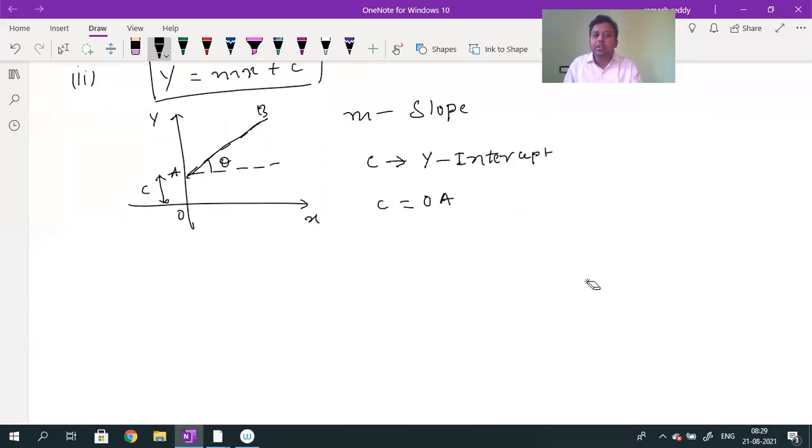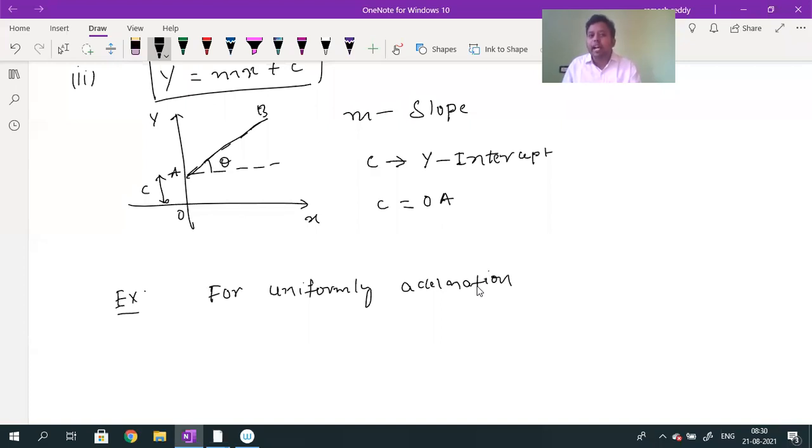Okay, I will give you one example for this graph. For example, consider uniformly accelerated motion. Now, my intention is that you remember, whenever y is equal to mx plus c, that is the equation for the straight line which is not passing through the origin.